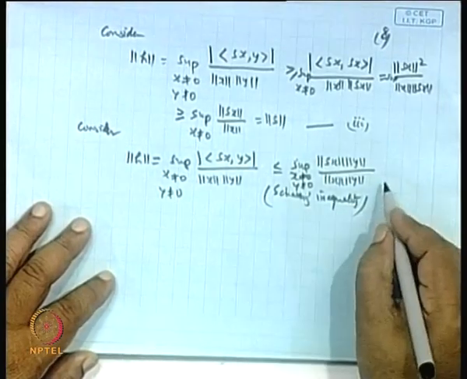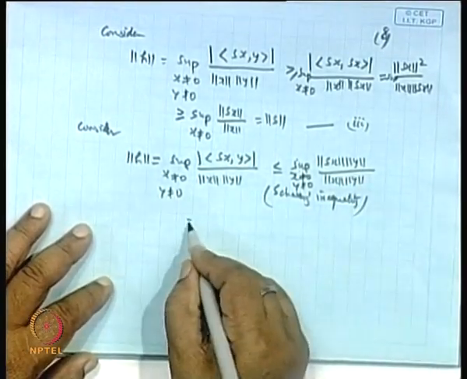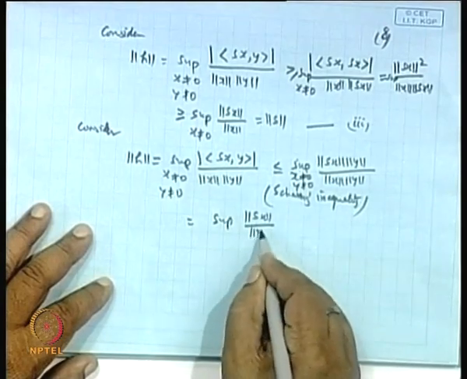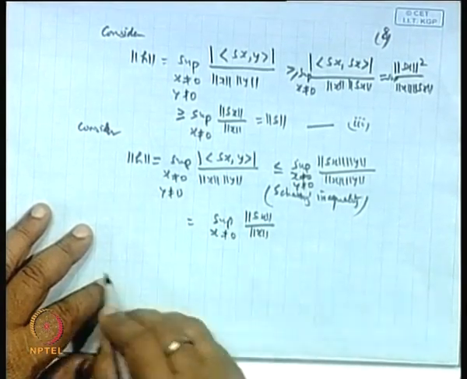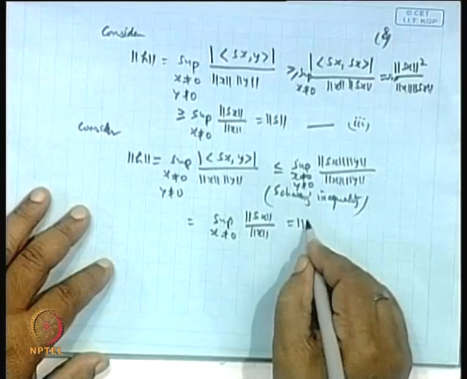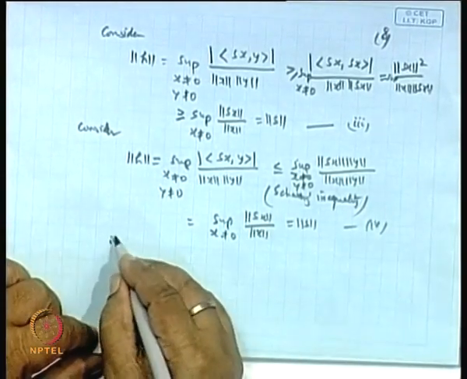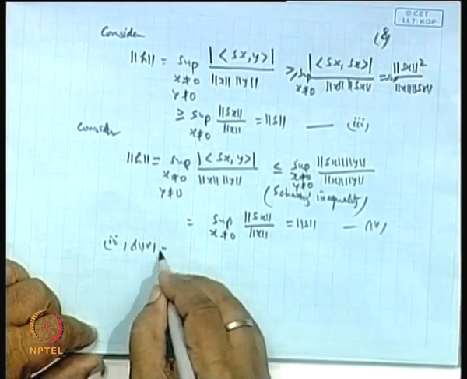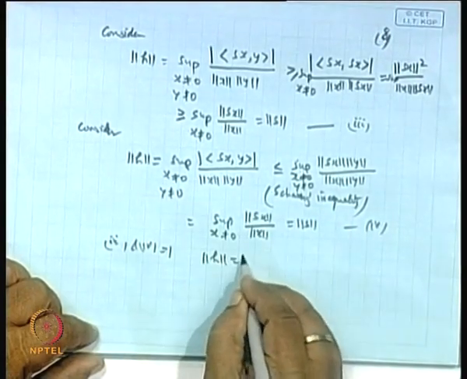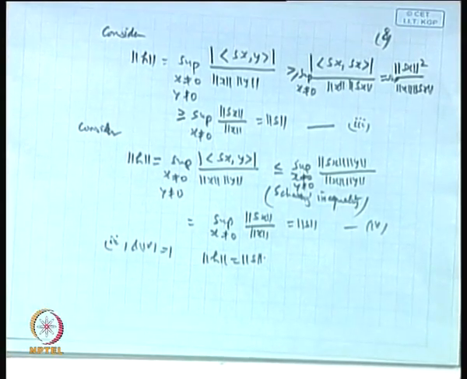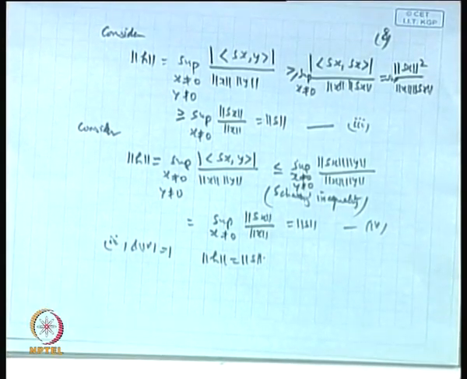But this will be equal to what? The supremum of norm of Sx over norm x, x not equal to 0. So, we get this is the norm of S. So, the third and fourth imply that the norm of h equals the norm of S. Okay? Clear?